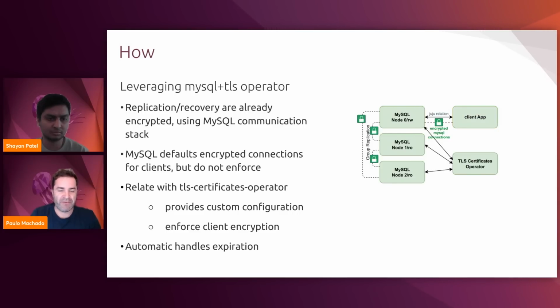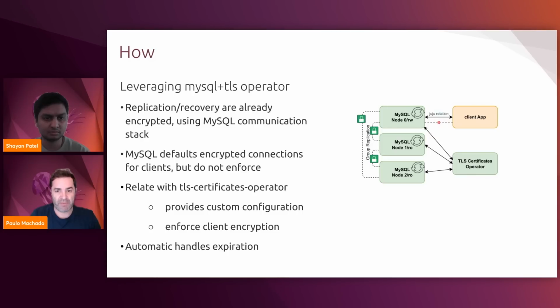The TLS certificates operator provides certificates for any given operator that implements its interface. And in the case of MySQL cluster, it also enforces encrypted connections from the clients. Encrypted connections between MySQL peers are handled by default. Every group replication connection is encrypted by default using the MySQL communication stack.